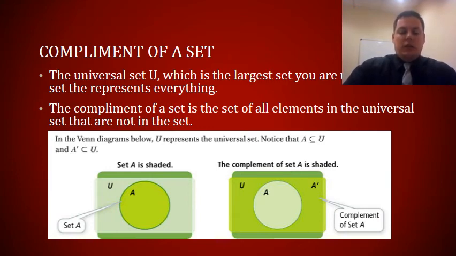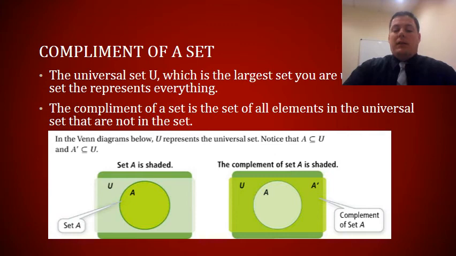If we're using U as the universal set of all real numbers, and A is the set of rational numbers, then the complement of set A would be irrational numbers. It would be everything in the universal set that is not in the set A.